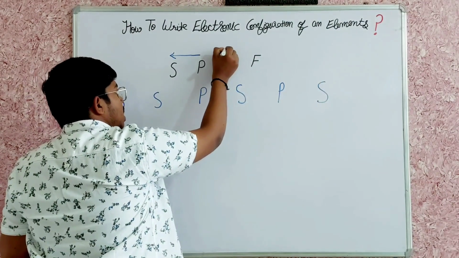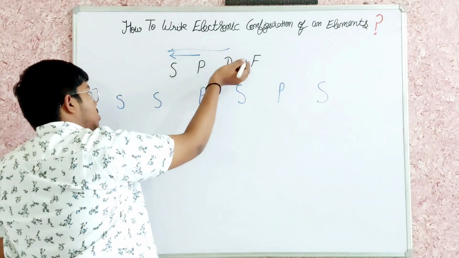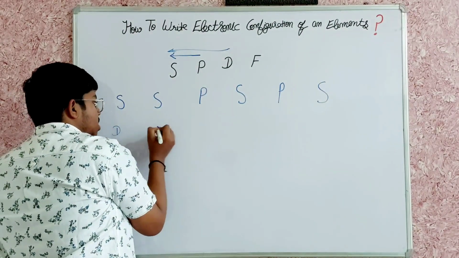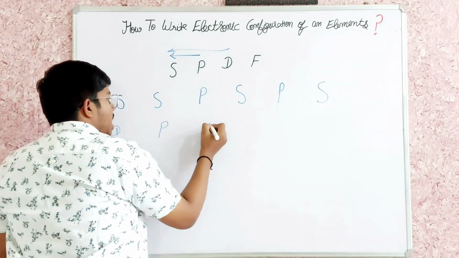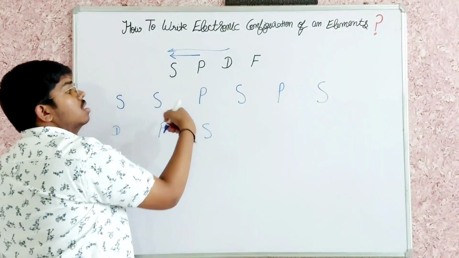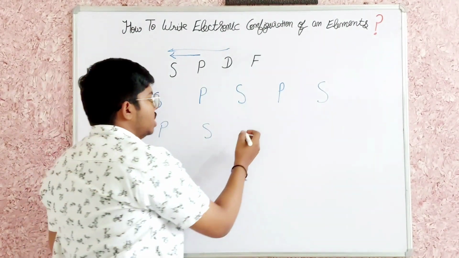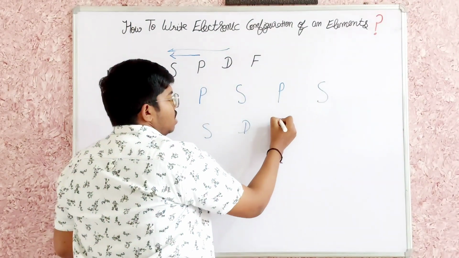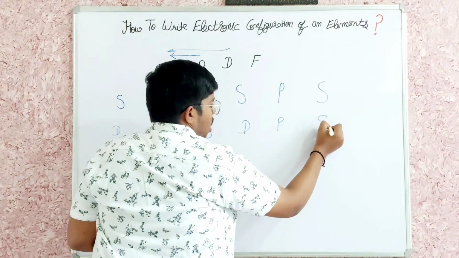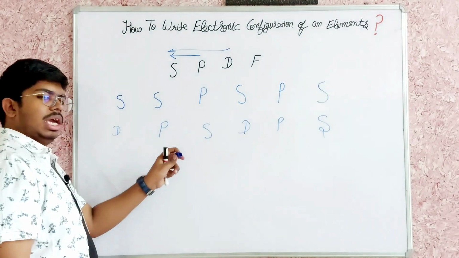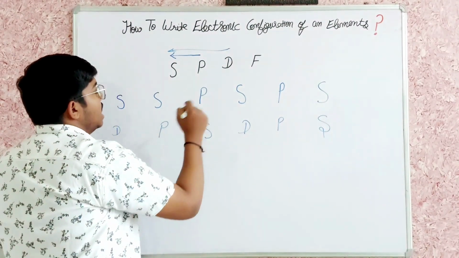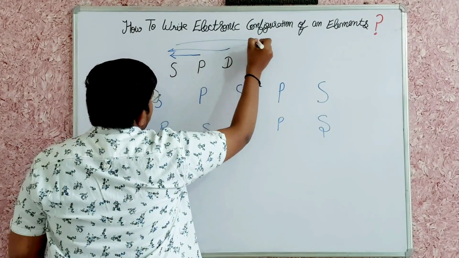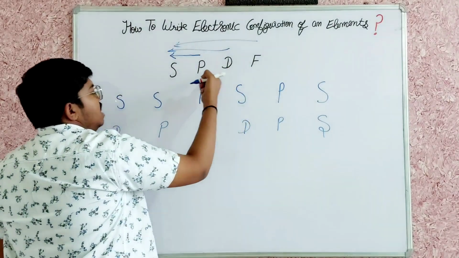Now the third one is DPS. D, P, S, and now twice. I told you to write it twice. D, P, S. Now the last one is FDPS.